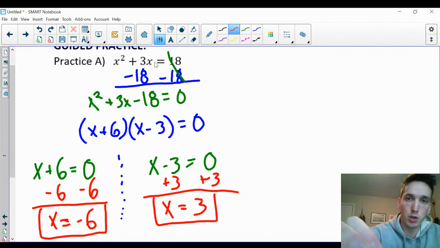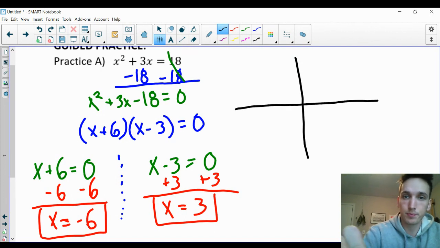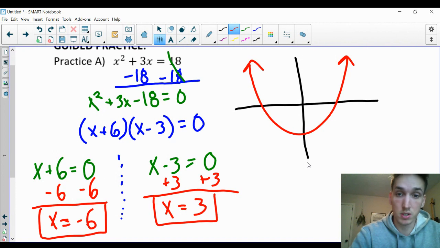And the last thing I want to show y'all real quick is let's just visualize what's going on here. So if we sketch a rough sketch of the graph, I know it's going to look something like this. Opening up, the y-intercept is going to be negative 18, somewhere down here. But the really important part that I'm trying to focus on is right here.